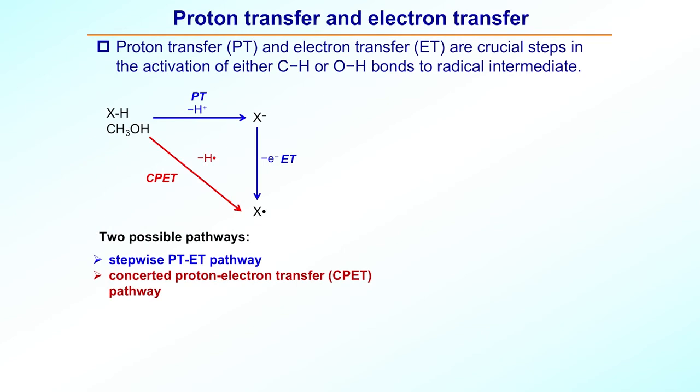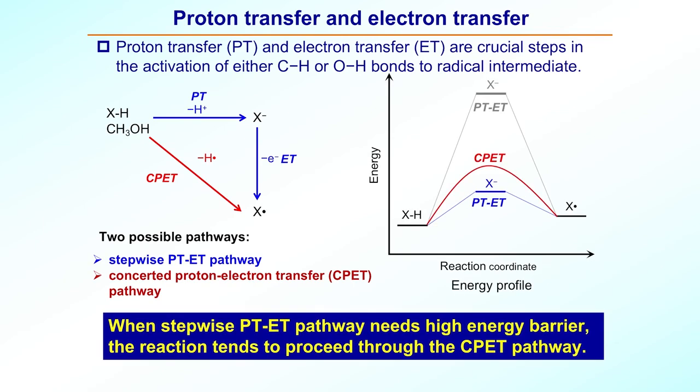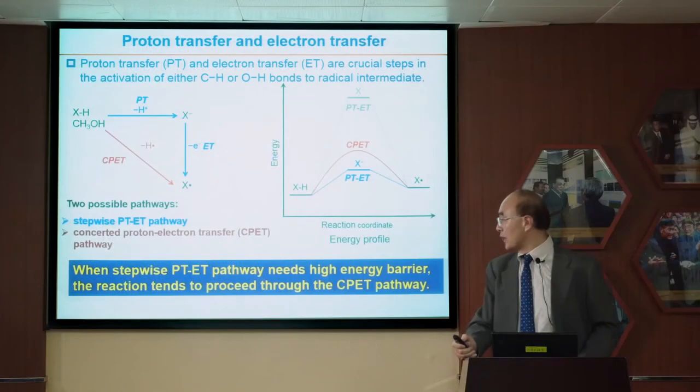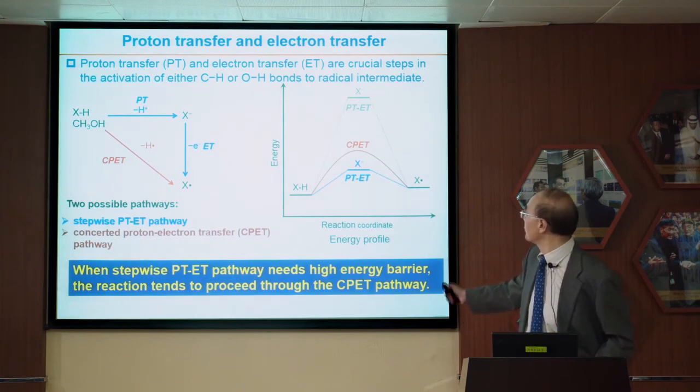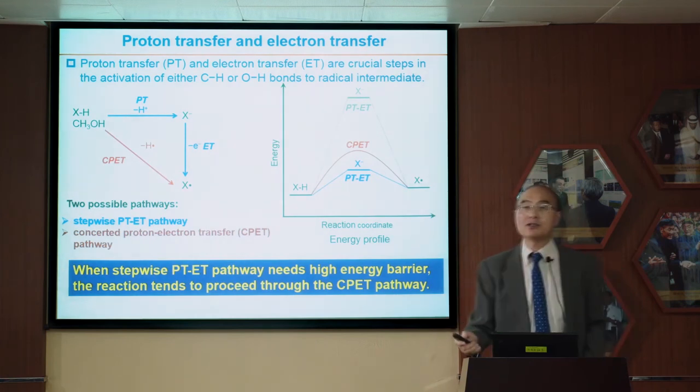The first is the stepwise proton transfer, electron transfer pathway, and the other is the concerted proton-electron transfer pathway. When the stepwise proton transfer followed by electron transfer pathway needs a high energy barrier, the reaction tends to proceed through the concerted proton-electron transfer pathway.